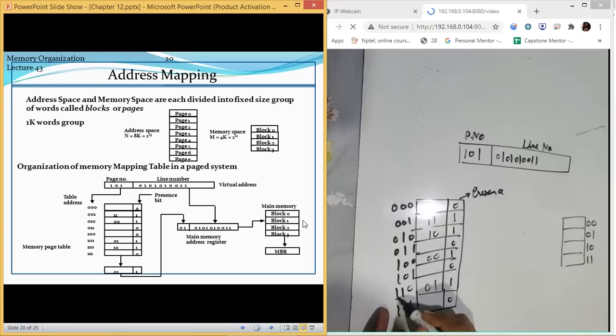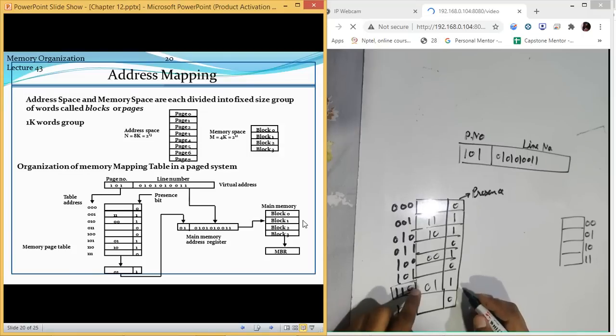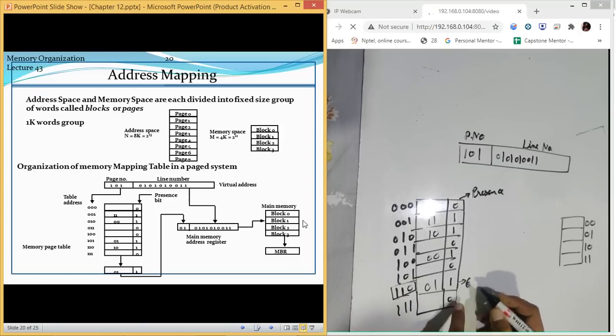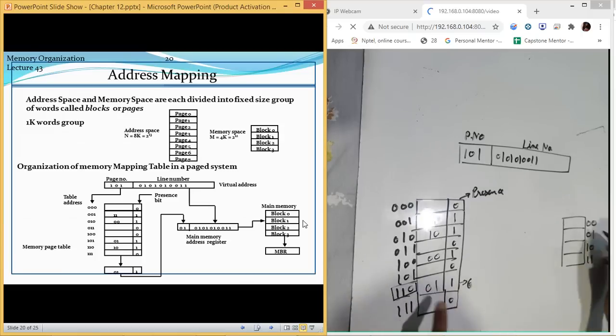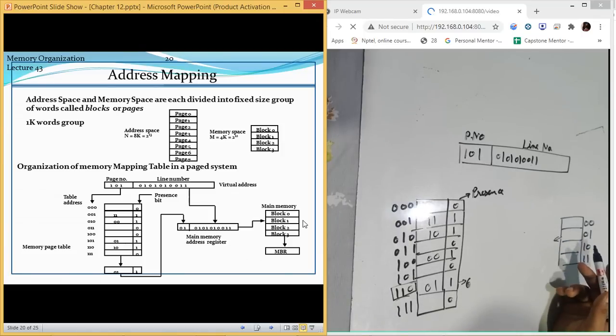Like this block of memory or these 1k words which we have at this place at 110 address, or you can say the sixth page number is stored at second block of your main memory.